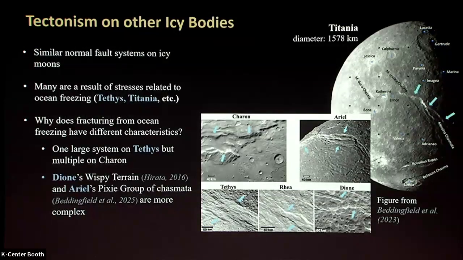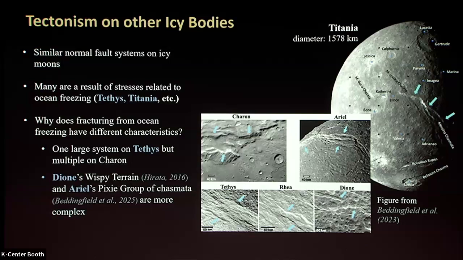And we can compare these systems to tectonic features on other icy bodies. And here, Chloe's put together a really nice little gallery of some of these features. And as I said, in most cases, we see a lot of evidence of extensional tectonic features. We see very little evidence of compressive features. And it's not entirely clear whether these compressive features are not seen because they didn't form, or because somehow they are obscured.